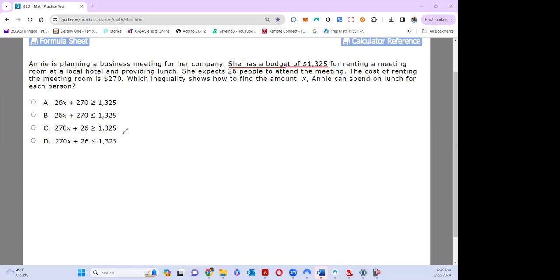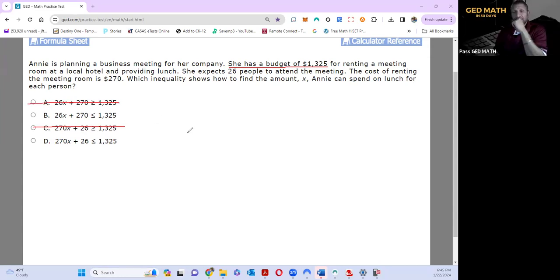D and, why do you say D? Well, not D, C and A. Because it's telling us how much she's expecting. But why can we eliminate A and C just by knowing she has a budget of 13.25?